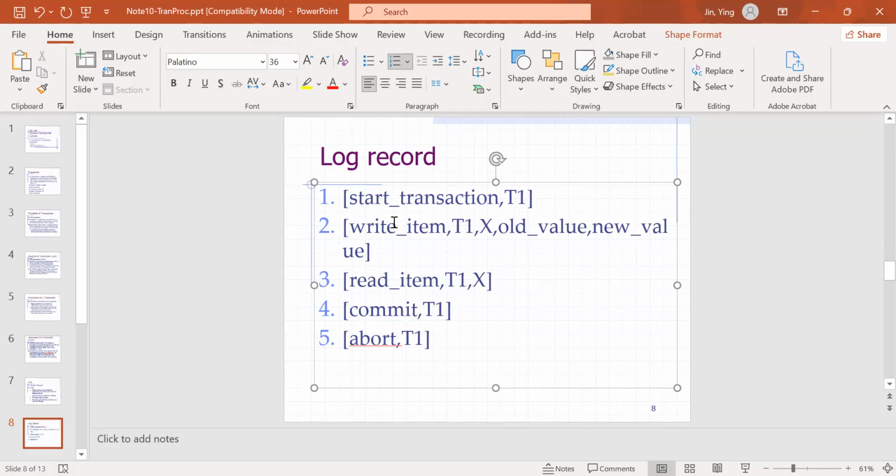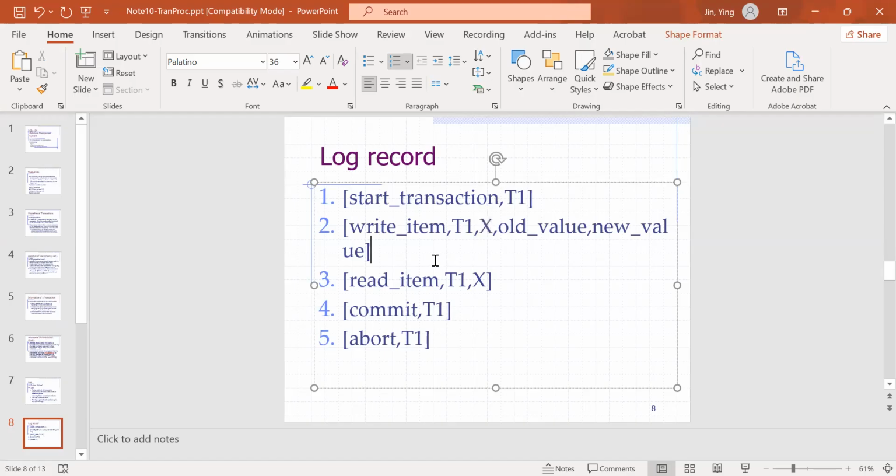For the write operation, not only do we want to say we are going to do something on X, we also want to keep the old value and new value. X is the database item, which can be a record, a table, an attribute, anything we work on for the transaction.